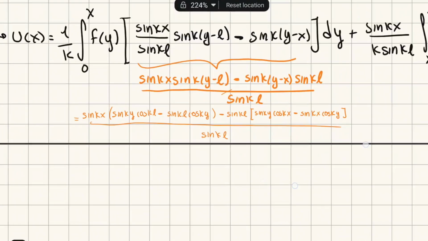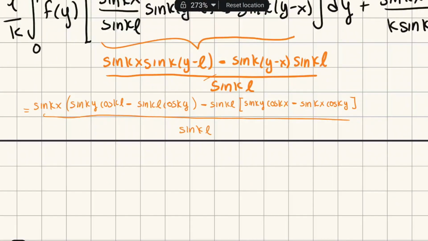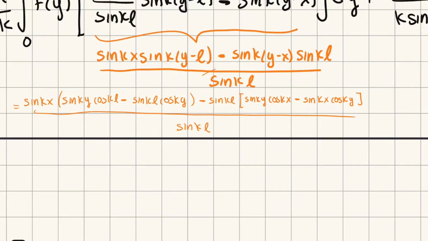Okay, perfect. So obviously some terms are going to cancel, and those terms are this and this, right? We have sine kl, sine kx, cosine ky plus, and then we have minus sine kl, cosine ky, sine kx.